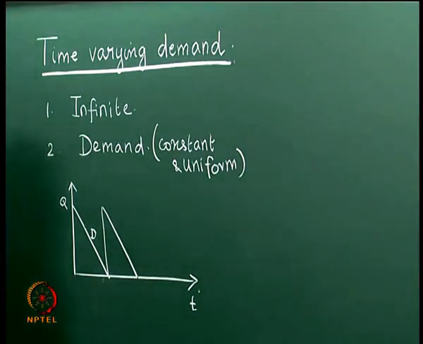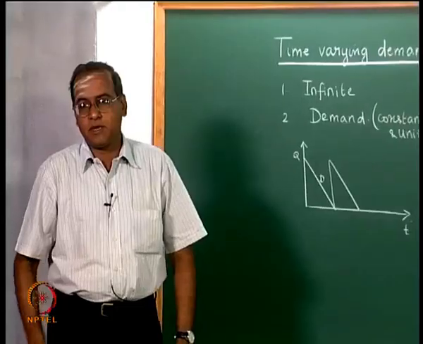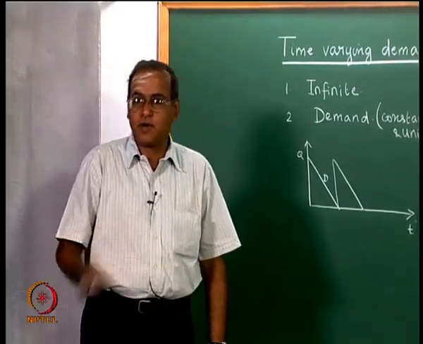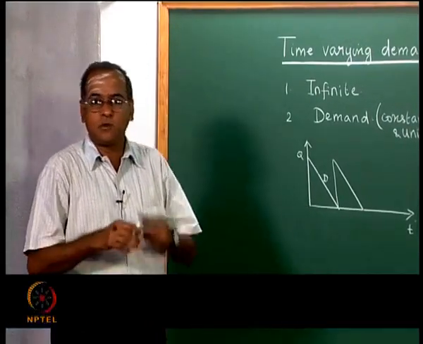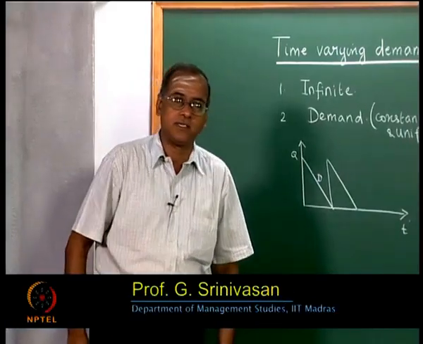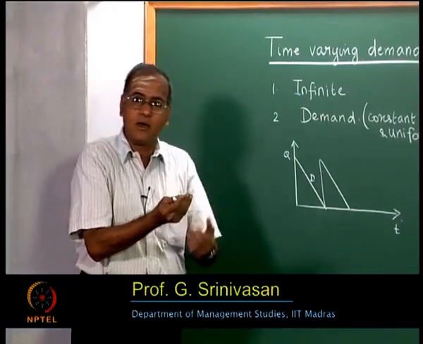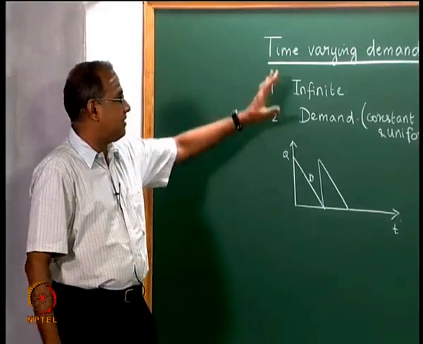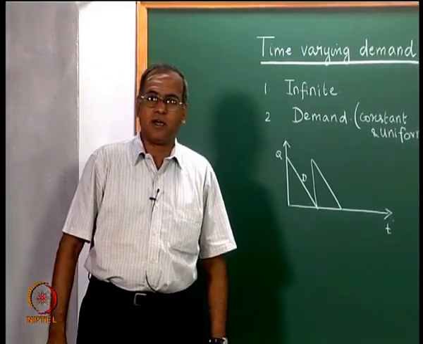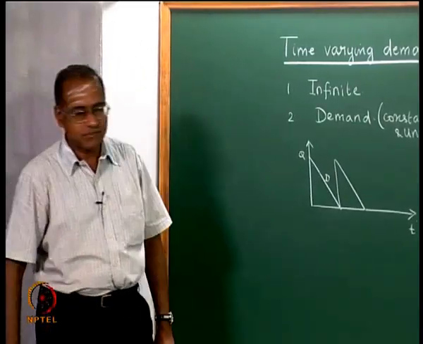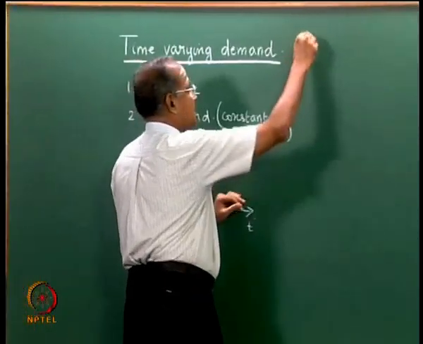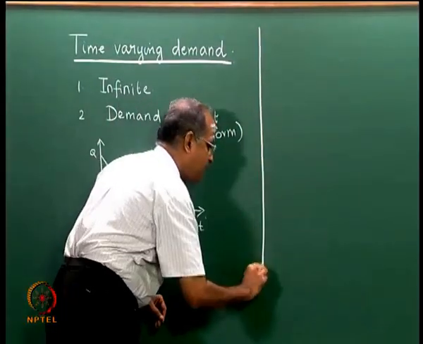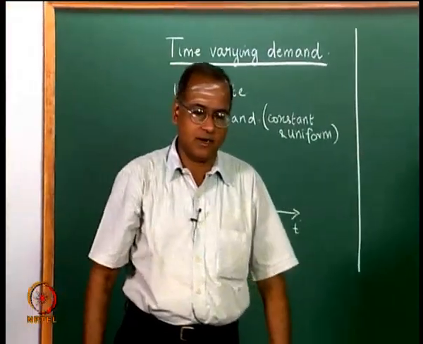Production quantities are different in different periods because demands are different, and once the production quantities are different, the amount of material required to make them would also be different, leading to inventory problems where the demand varies with time. So let us take an example and try and explain a few things about time varying demand.